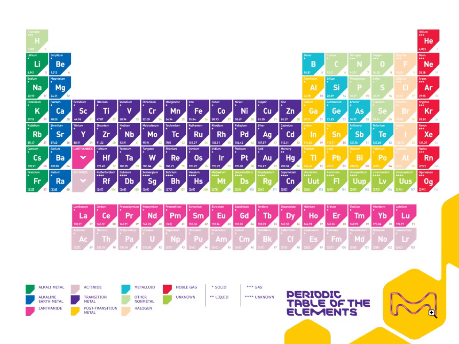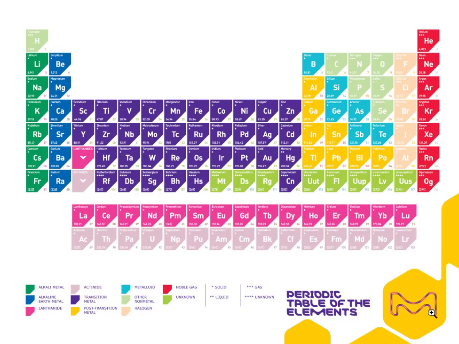Remember, metals are malleable, ductile, lustrous, good conductors of both heat and electricity as solids. They have low ionization energy and low electronegativity. They tend to form positive ions. They conduct both heat and electricity because they have mobile valence electrons.